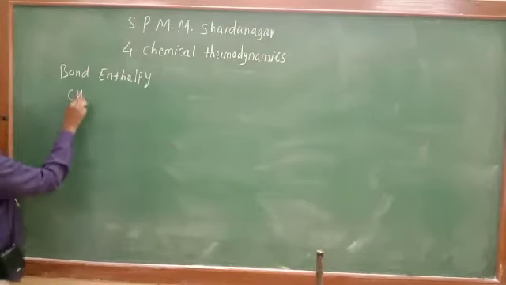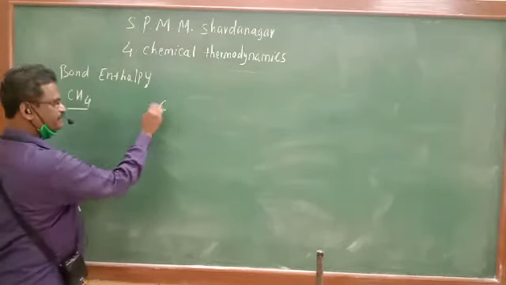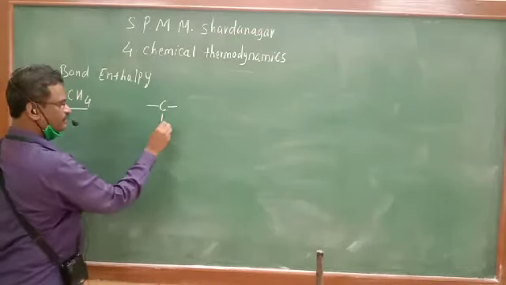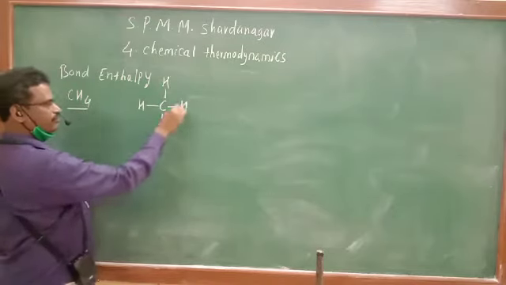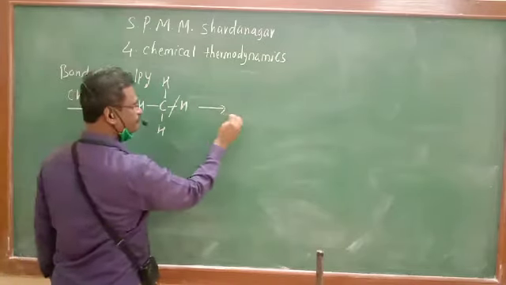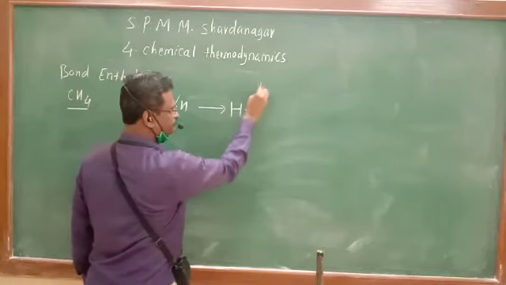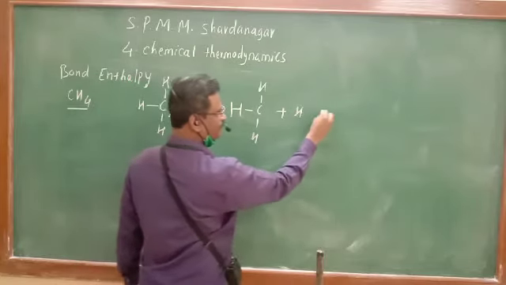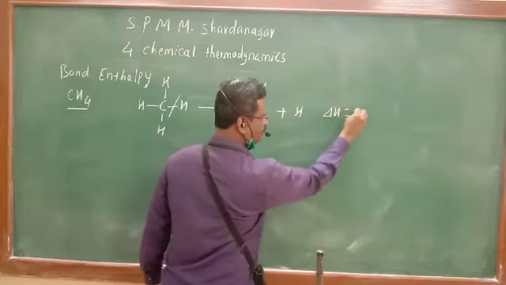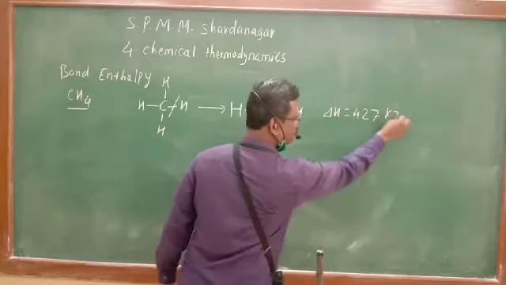Methane has a formula CH4. It has a structure like this. CH4, the first bond is broken, it is converted to CH3 plus H. For this, delta H will be 427 kilojoule.